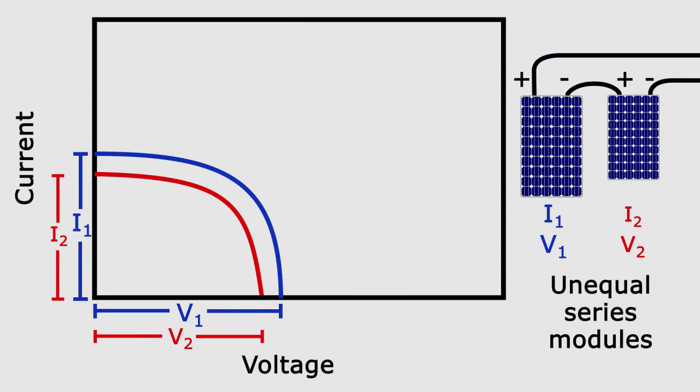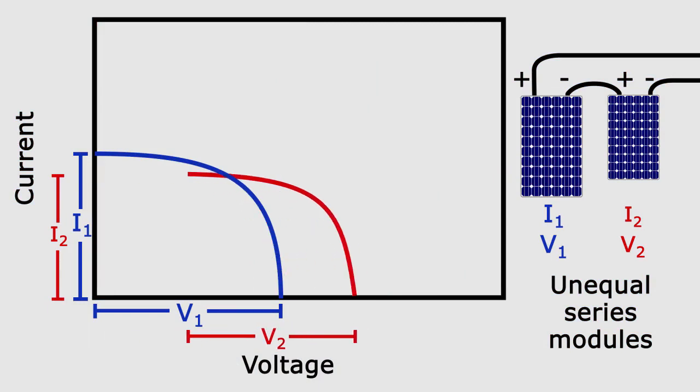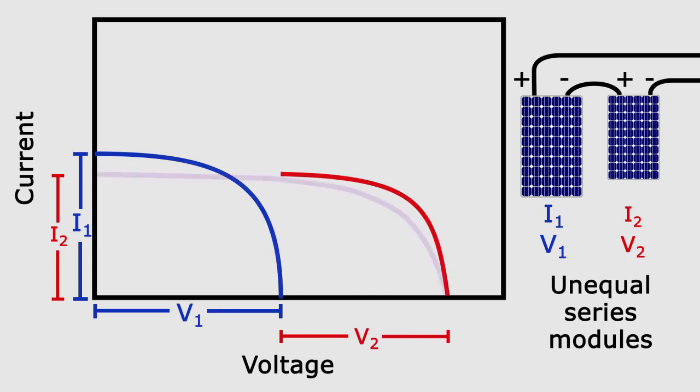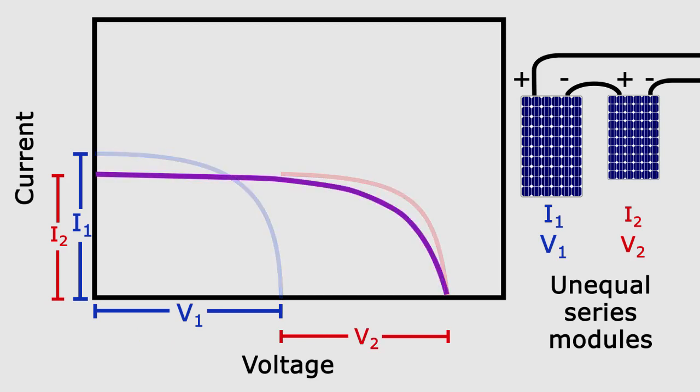However, if we have two modules where one short circuit current is lower than the other, the modules wired in series will still have an additive voltage, but the system current will be limited to the module with the lowest short circuit current. This is the primary reason why we'd never want to wire modules together in series with different current specifications. If we did so, the power of any module with higher current would just be wasted.